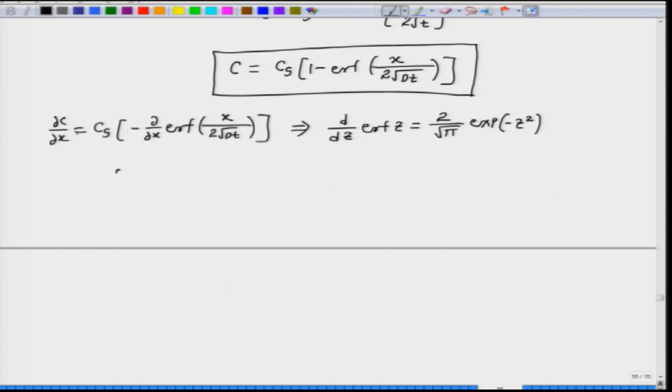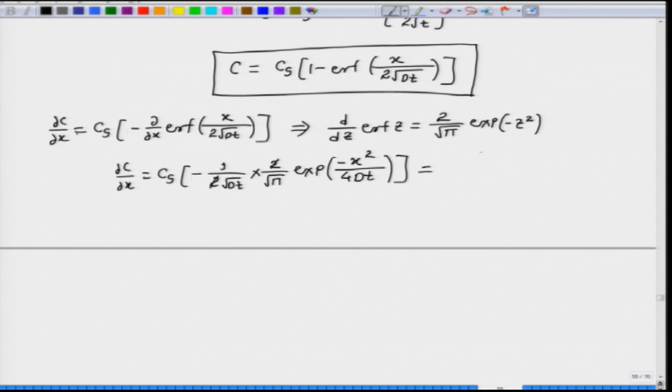So, in this case dou c by dou x equal to minus, so we have to also differentiate this, 1 over 2 root dt into 2 over root pi exponential minus x square over 4 dt, which is basically this 2 will get cancelled, 1 over root pi dt exponential minus x square over 4 dt.